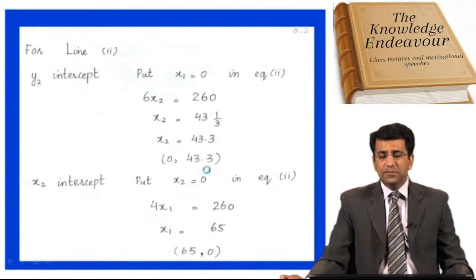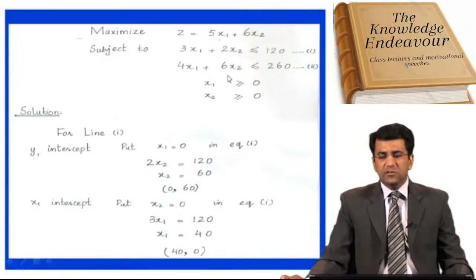Our second equation is 4x1 plus 6x2 is less than or equal to 260. Again, we will convert this inequality into the equation, that is 4x1 plus 6x2 is equal to 260. Then we will put the value of x1 equal to 0 and get the value of x2, and then put x2 equal to 0 and get the value of x1, as we did in the first constraint.